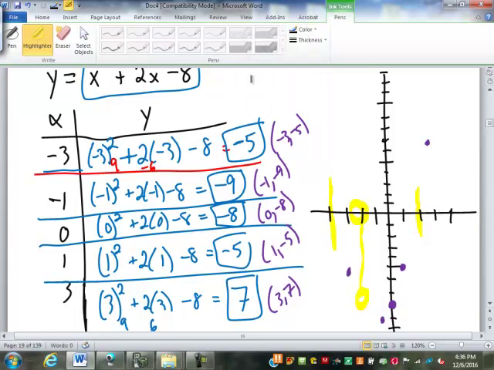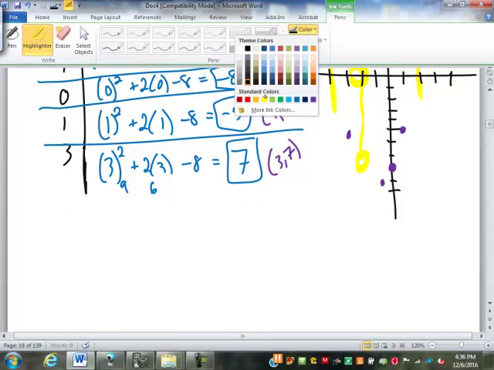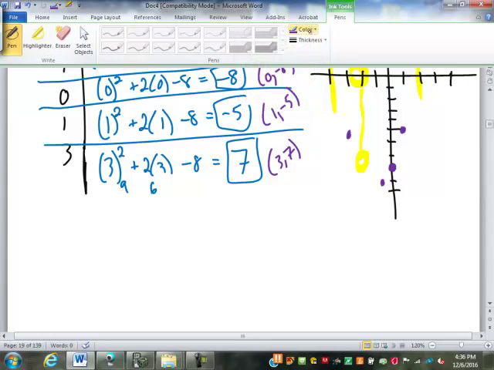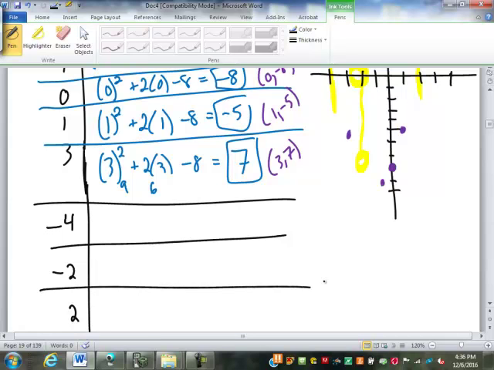So let's do that. We've got negative 4, negative 2, and then positive 2. Let's find the y values that correspond with those.